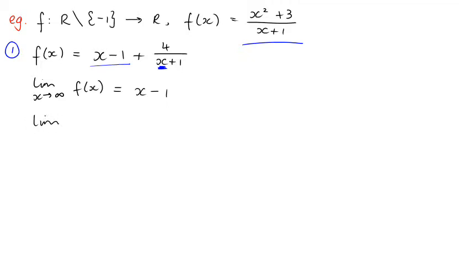And the limit as x approaches negative infinity, what happens again when we put negative infinity into this function here? Same thing. It's just like taking away a really, really small fraction. So we can still discard it and say that the function approaches x minus 1.